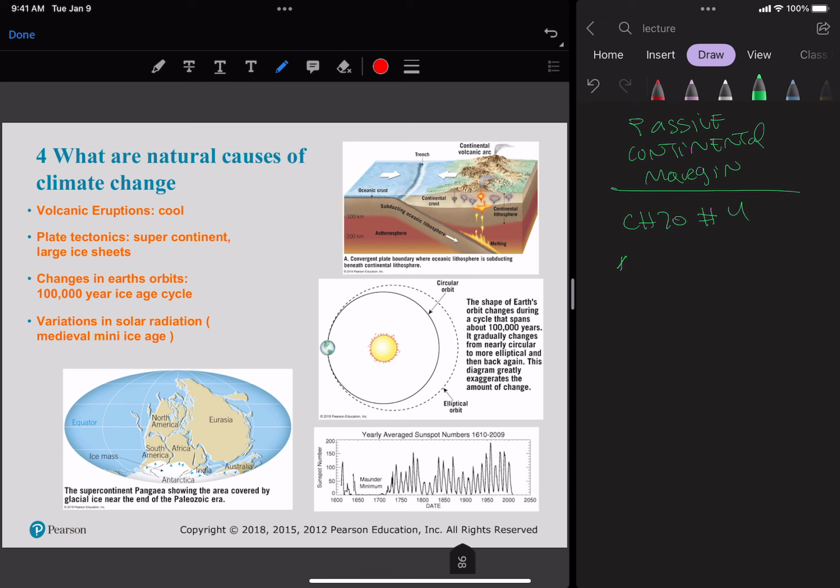Some examples are plate tectonics, changes in the Earth's orbit, also variations in the amount of heat emitted by the sun, so variations in solar radiation, along with volcanic eruptions.